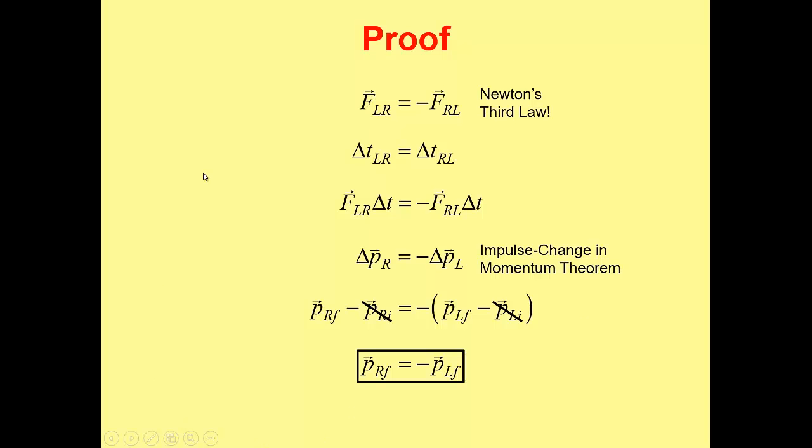So the physics that we knew before we even did this lab tells us that we should get a result in the lab that the momentum of one glider is just equal and opposite to the momentum of the other glider in an explosion where they both start at rest. And sure enough, that is exactly what we found.